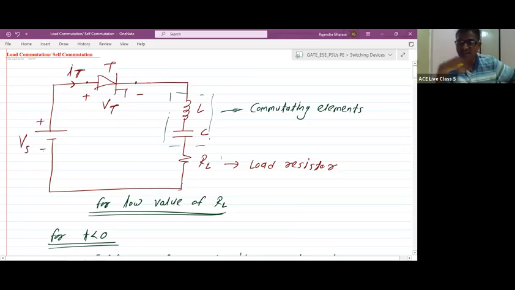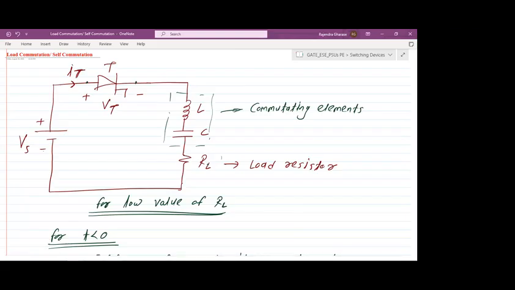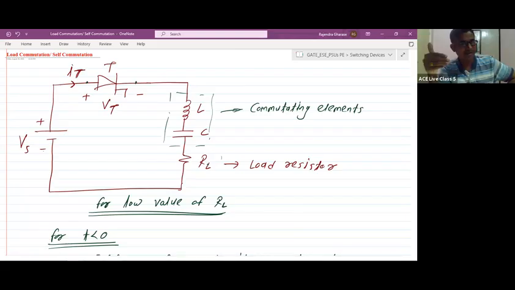If you take a medium or some finite value, then this circuit will not operate at all. Our main task is to turn off the SCR. And if you keep the value of R_L high, you will not get a sinusoidal response. So in order to get the sinusoidal response, R_L should be low, or the voltage across R_L we need to neglect. Then only it is possible.